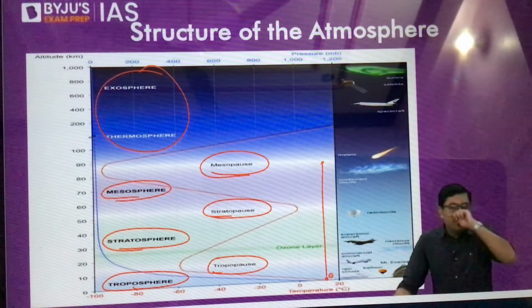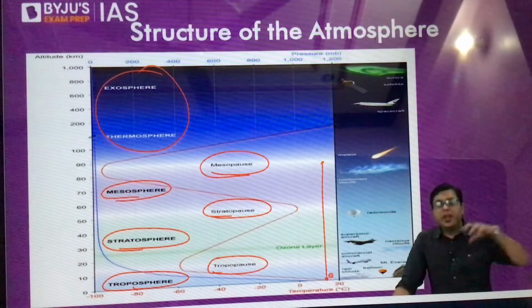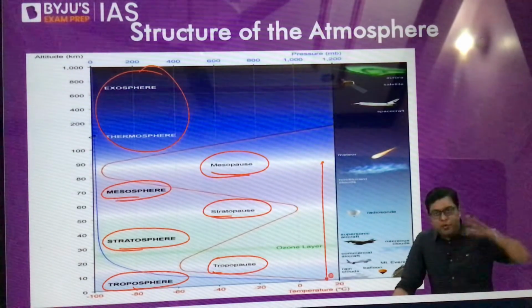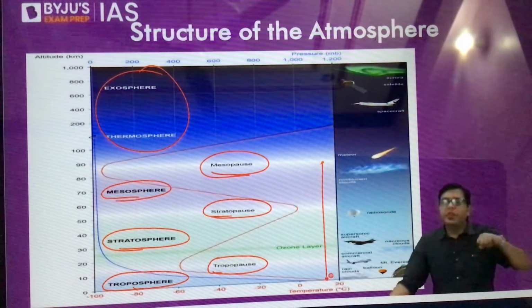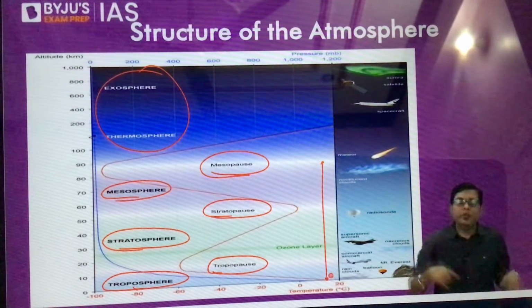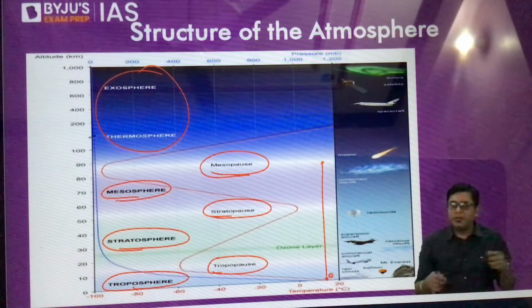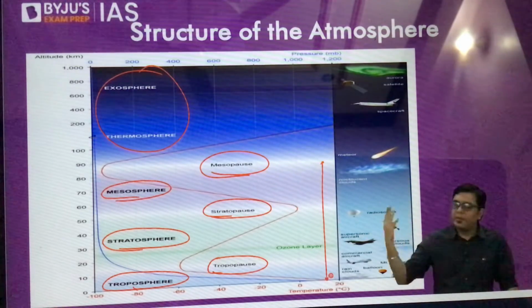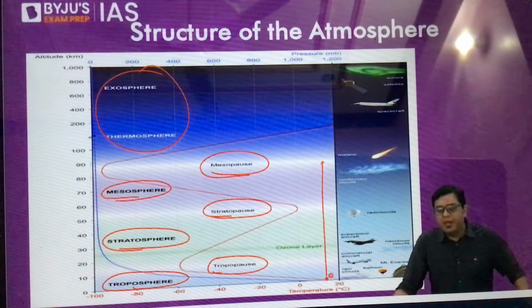Beyond that, you don't have a limitation on which kind of gases will be present, because beyond that the force of gravitation tends to reduce, and after moving 1,000 kilometers and above from the ground surface, many times the gaseous particles will simply end up dissipating in outer space.